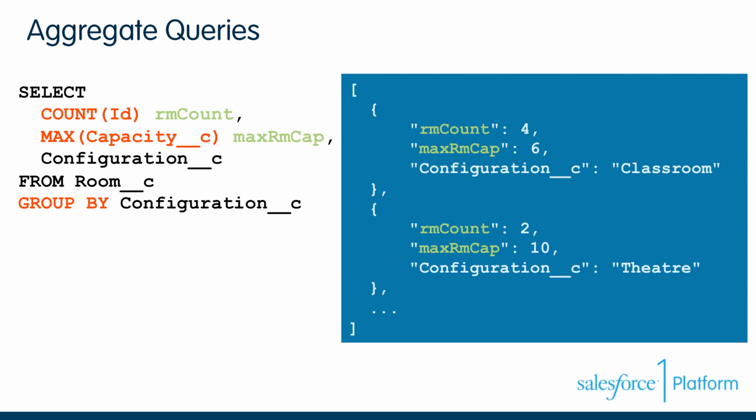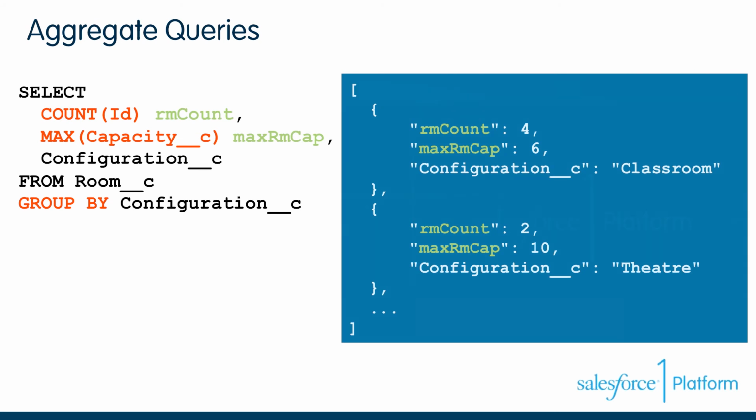It gives us a way of having a nice simple name for the result. You couldn't really call it count brackets ID, because that wouldn't be a valid name. It can't have brackets in it. So you have to provide an alias for each of the aggregate values that you're returning.